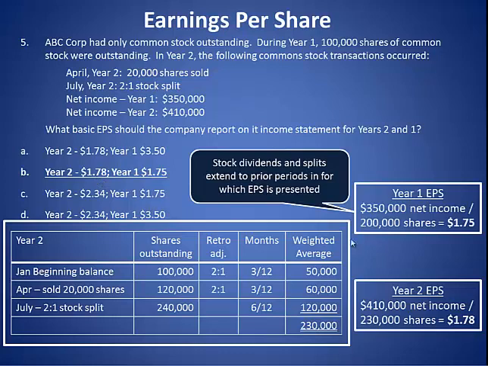Now, we have to remember that we retroactively adjust that 2-for-1 split all the way back through year 1. So we take our $350,000 of net income and divide it by the shares outstanding, which were 100,000 times 2, or in effect 200,000 shares, and we have our restated earnings per share, based on the 2-for-1 split, of $1.75 a share.